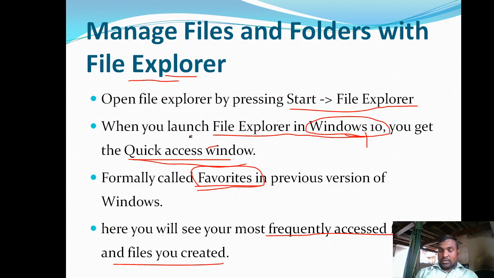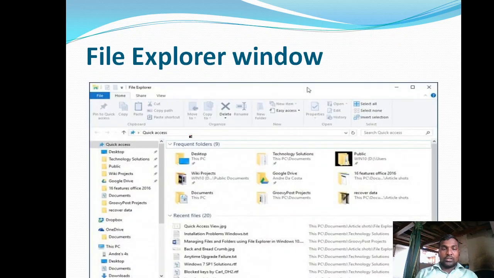This is an example of the Explorer window. After pressing the Start button and selecting the File Explorer command option, after clicking it, this is the window it displays. Here you can see the title of this window, File Explorer, and these are the closing, minimizing and maximize buttons.